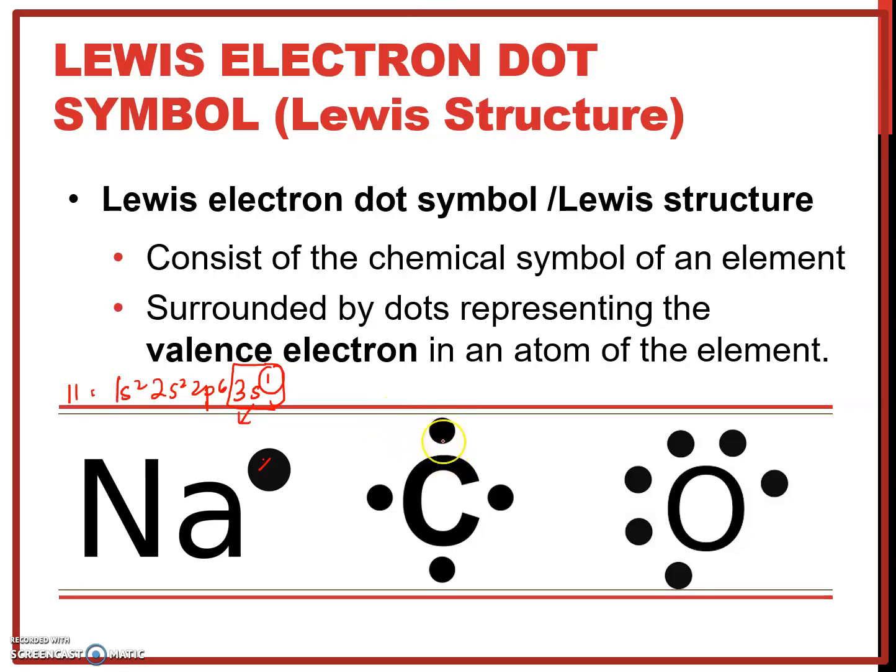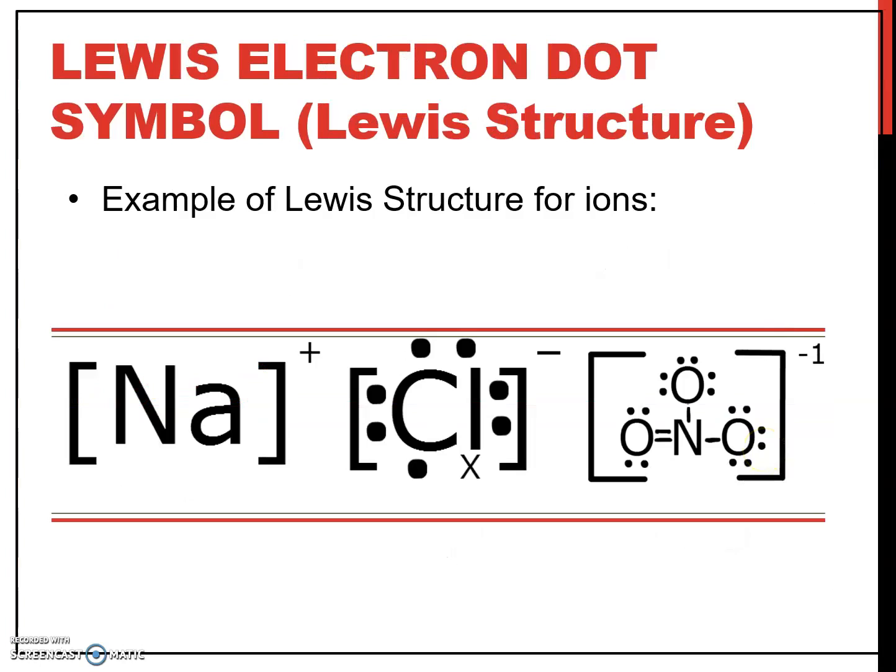For carbon, which comes from group 4, it has 4 valence electrons. Oxygen comes from group 16, it has 6 valence electrons. So just write the symbol and the dots representing the valence electrons.